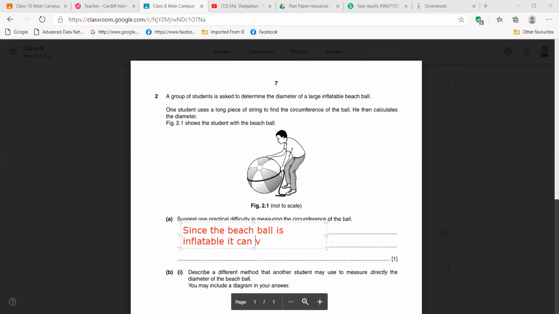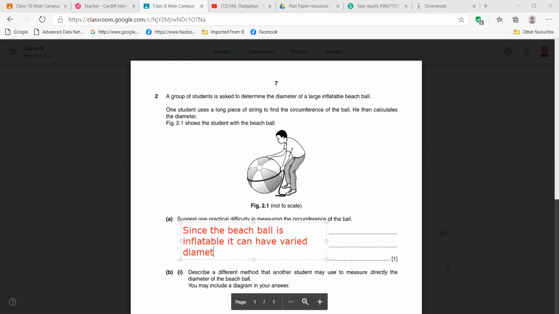Varying diameter. Yes, it can have varied diameters.